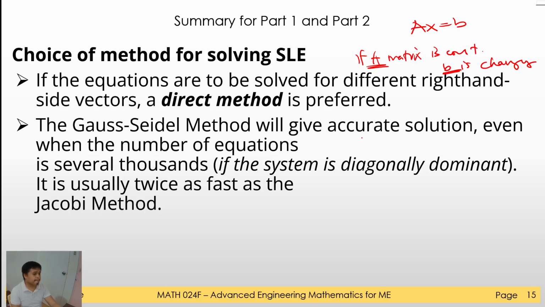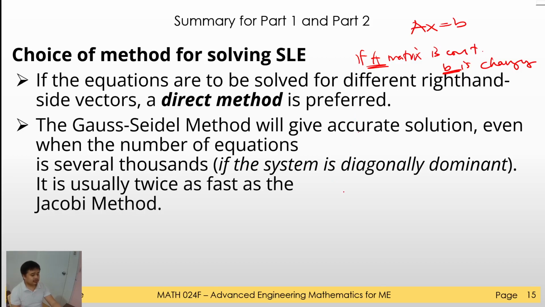Otherwise, you should use indirect methods or iterative methods. And comparing Gauss-Seidel and Gauss-Jacobi, Gauss-Seidel will converge much faster compared to the Gauss-Jacobi, assuming it is diagonally dominant.